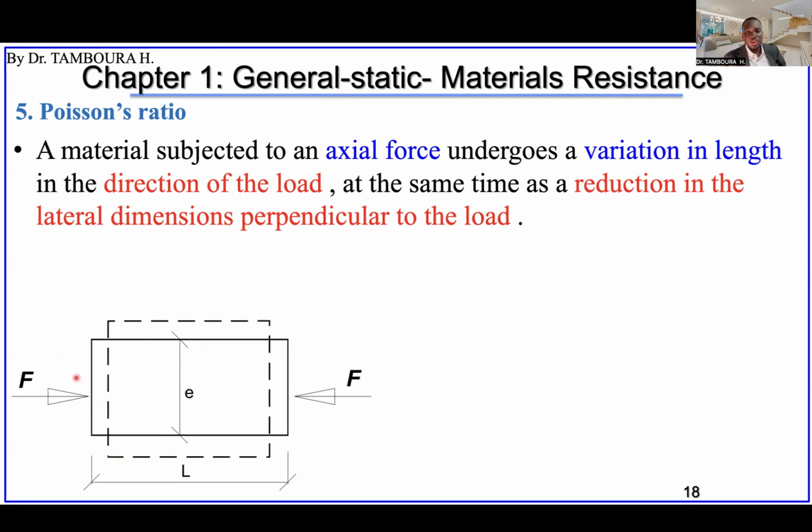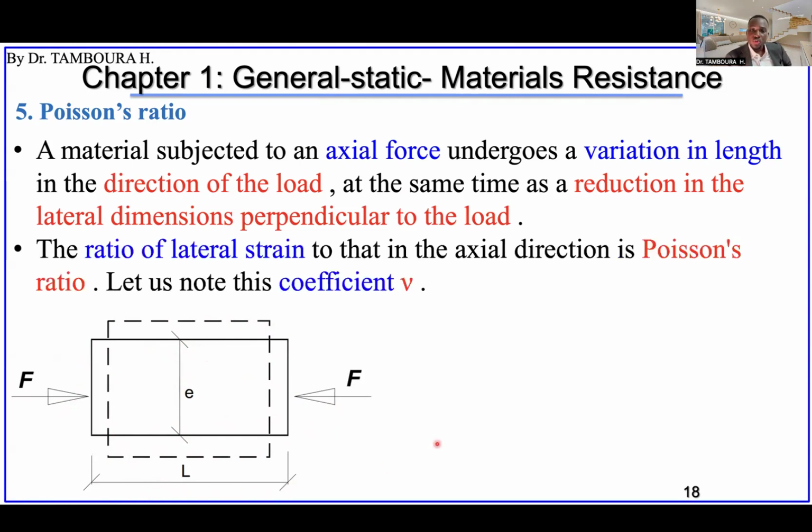See, the original shape, E here is this dimension, transversal dimension of the larger, and L is the length of the object, original length. So what we are calling here the Poisson ratio is just the ratio of lateral strain to that of axial direction.